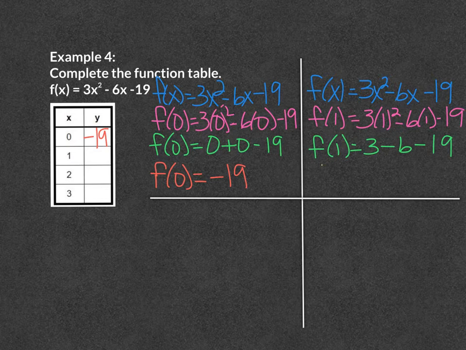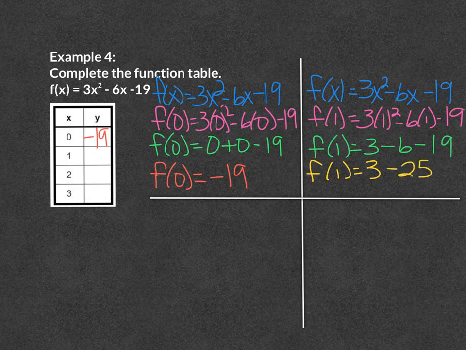So now I'm going to bring down f of 1 equals, bring down my positive 3, then I have negative 6 plus a negative 19 is going to give me a negative 25. I'm going to bring down f of 1 equals 3 minus 25 will give me a negative 22. So f of 1 equals negative 22.